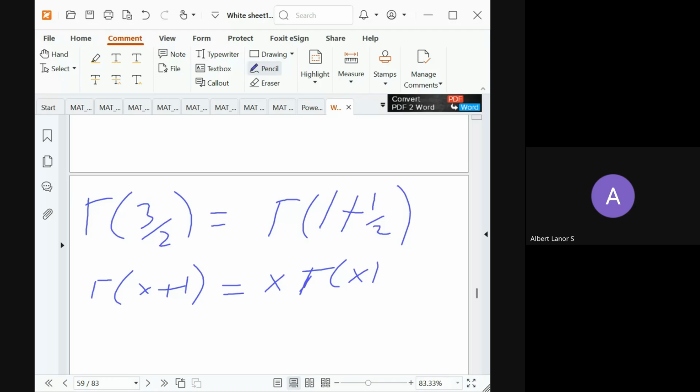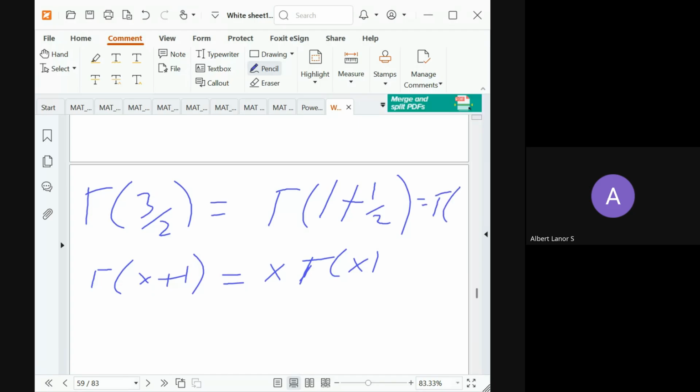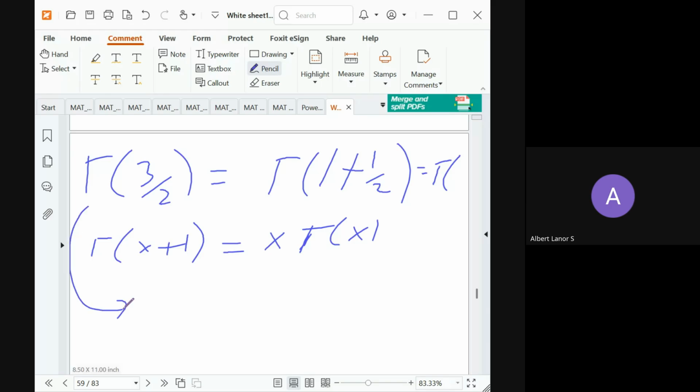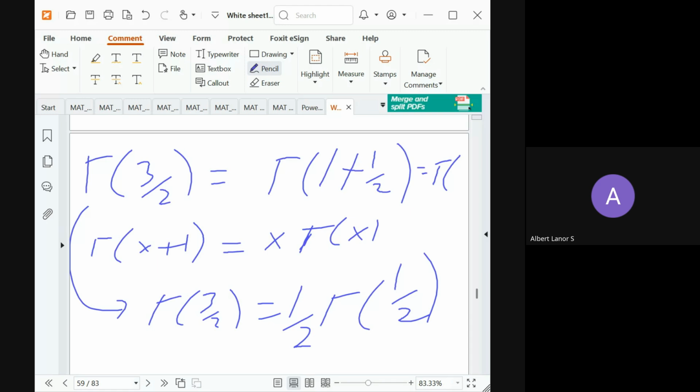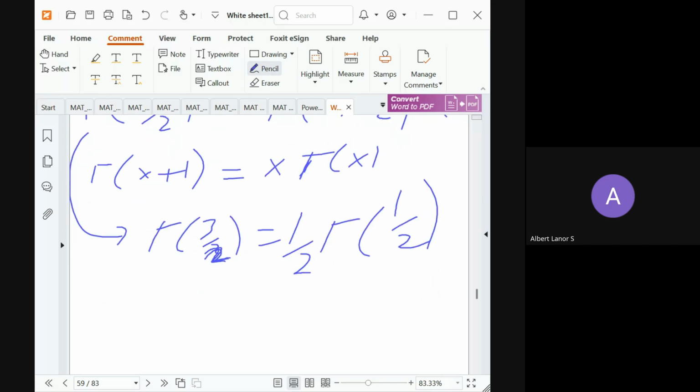Then gamma of 3/2 will be equal to half gamma of half. Your x is half, so you're going to have half of gamma of half. Now, what is gamma of half? Gamma of half is root pi. So gamma of 3/2 is root pi on 2.